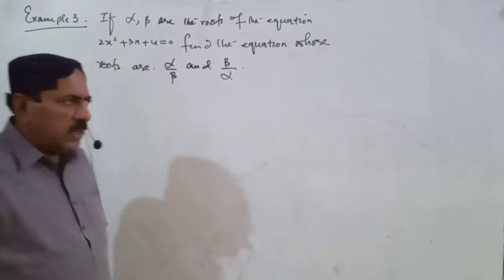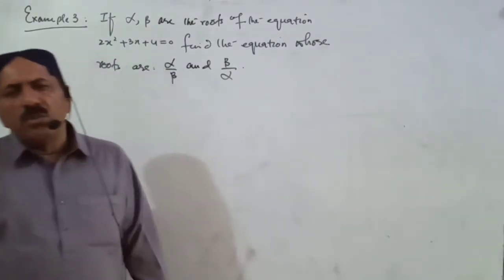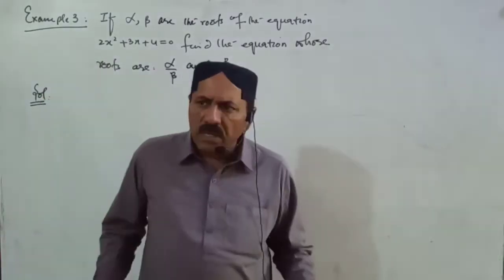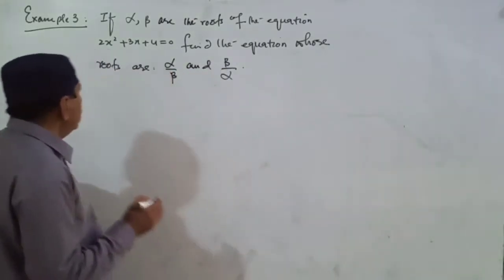So the condition is that the equation when its roots are given is x square minus sum of roots x plus product of roots is equal to 0.